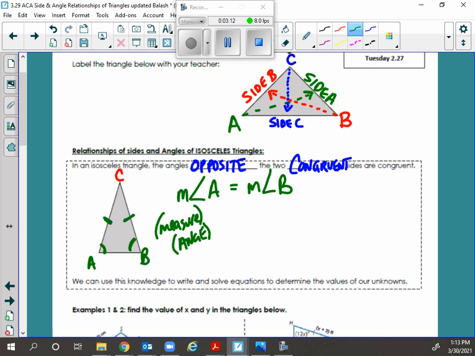So that's really cool for us to know because if we're given a value for angle A, we immediately know what angle B should equal. If we're only given angle C, we could subtract angle C from 180 and split up the remainder that's left. We could split that up by 2, aka divided by 2, and we'd be able to find both of the angles. So isosceles triangle properties are pretty sweet.